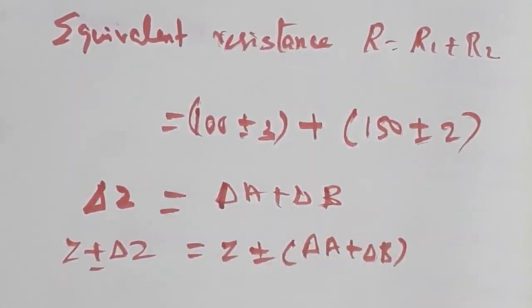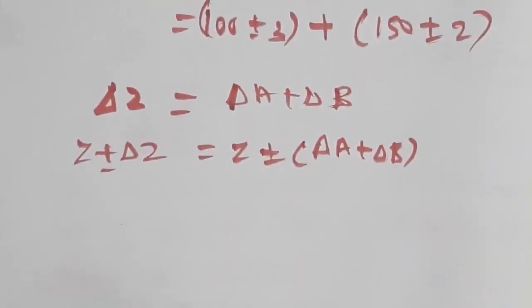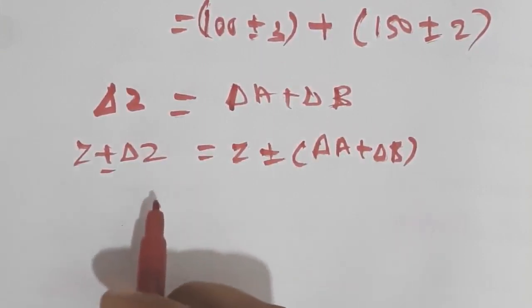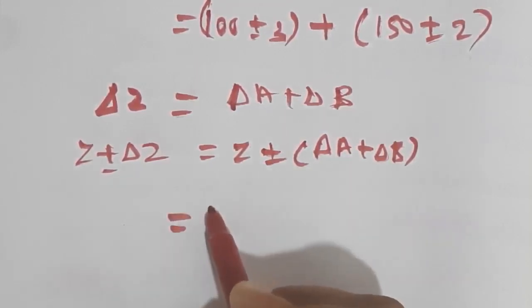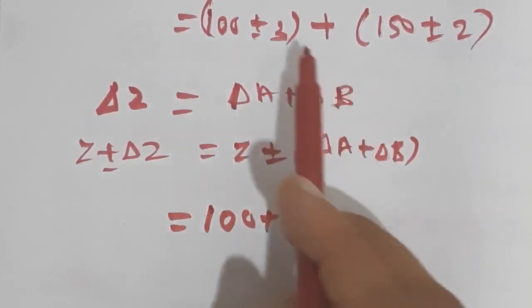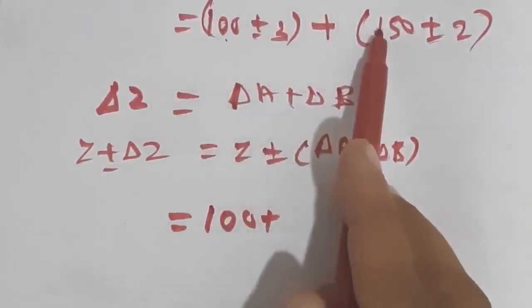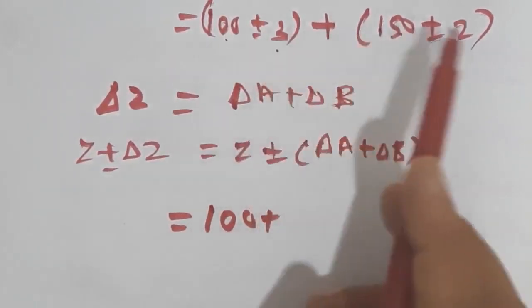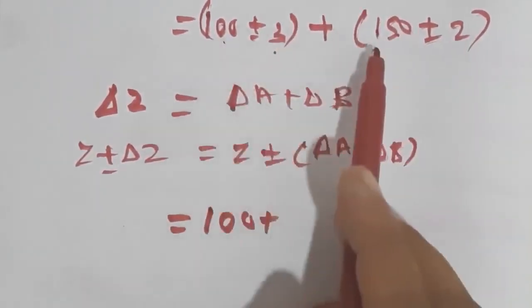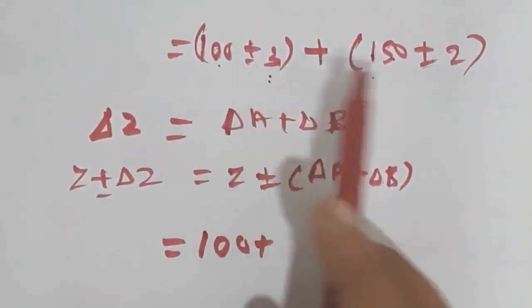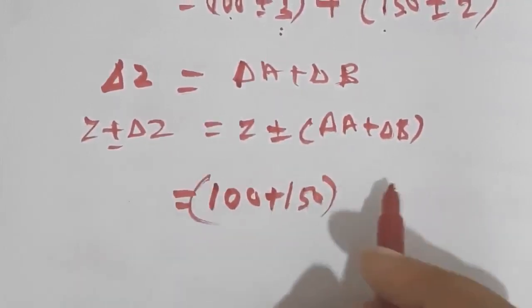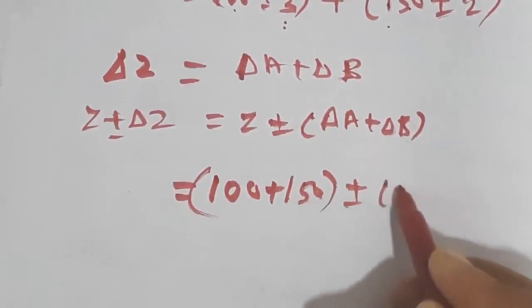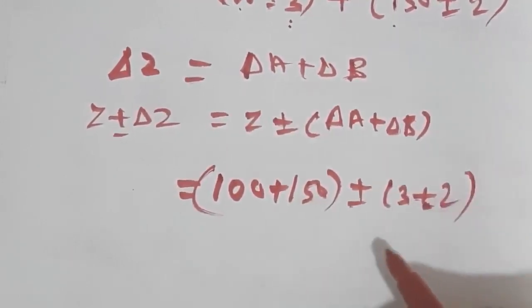Anyway, here we are going to find the equivalent resistance. So we can use the symbol R instead of Z. So R can be written as A plus B plus or minus delta A plus delta B. Here A is 100, B is 150, and 3 is delta A, 2 is delta B. So I can write 100 plus 150 plus or minus 3 plus 2.